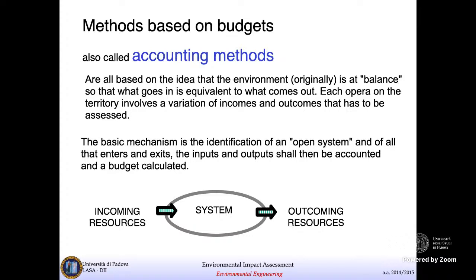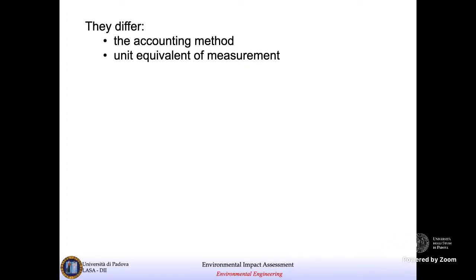But this methodology is also applied in life cycle assessment, as you will see in a couple of weeks when we will have one entire lecture on LCA. So you identify a system, you identify a kind of border so that you can subdivide incomes from outcomes. You evaluate incoming resources and the outcomes of the system, and you try to find a criterion to decide if it is convenient or not.